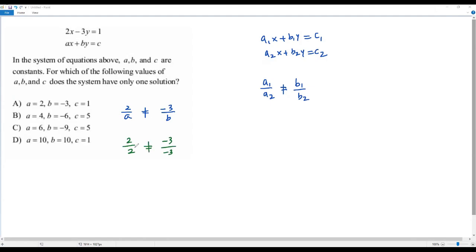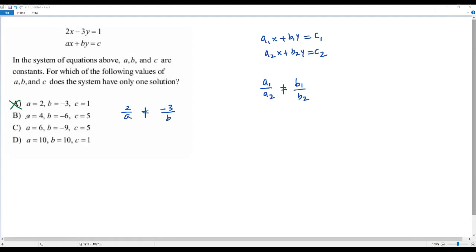They must not be equal. So 2 over 2 is 1, and negative 3 over negative 3 is also 1. Actually 1 and 1 are equal, so this statement is false. My aim is for these two ratios to not be equal, but with the values of a and b in answer choice A, the two ratios are equal. So answer choice A cannot be correct. We can reject answer choice A.